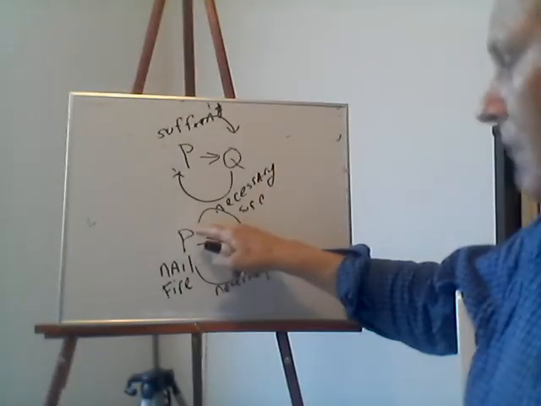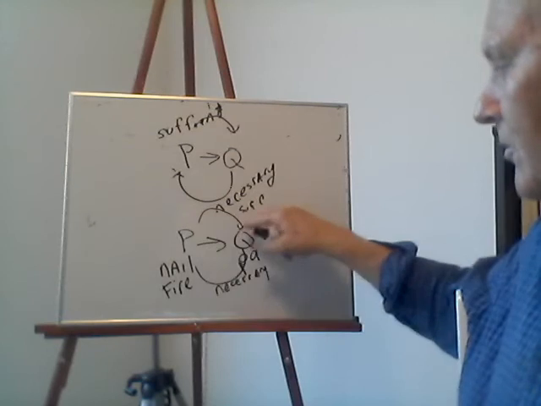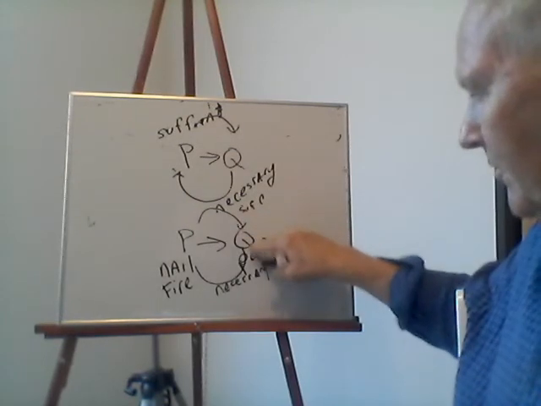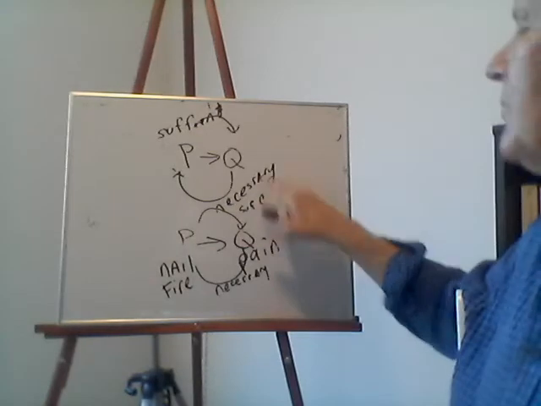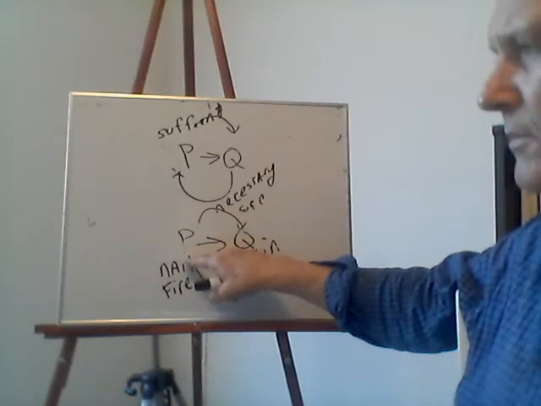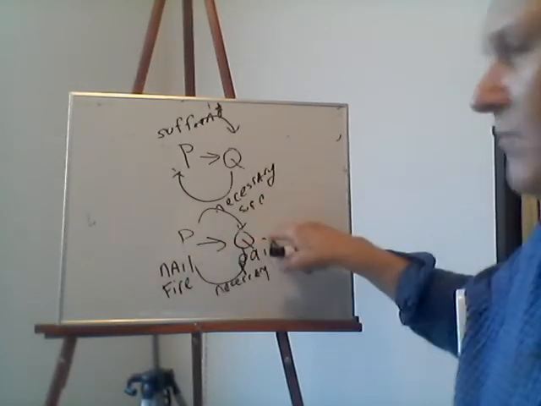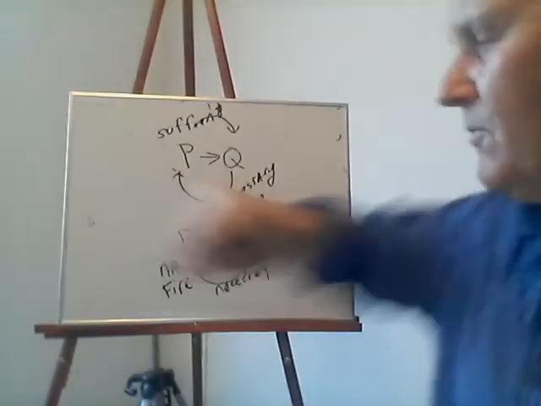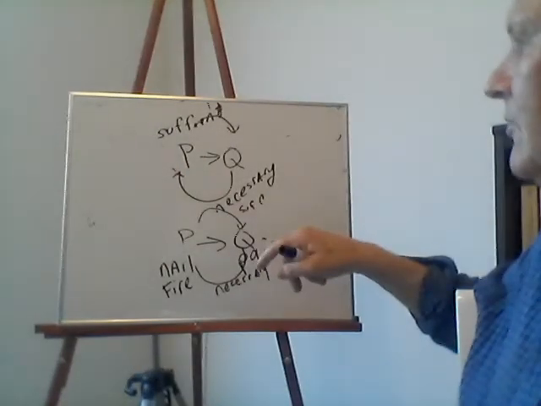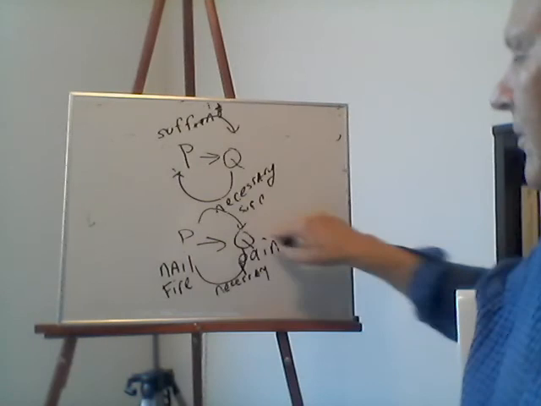But whenever you have a conditional statement of P then Q, you can always say that Q is necessary for P. Meaning, you cannot step on a nail without feeling pain. You cannot put your finger in fire without feeling pain. So you cannot have these without this.